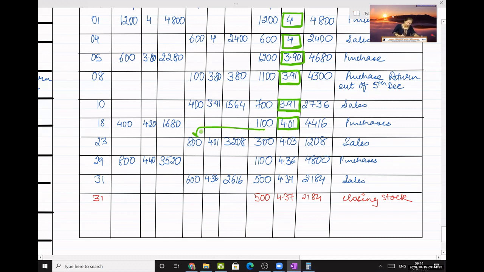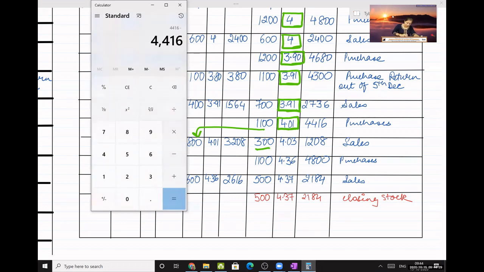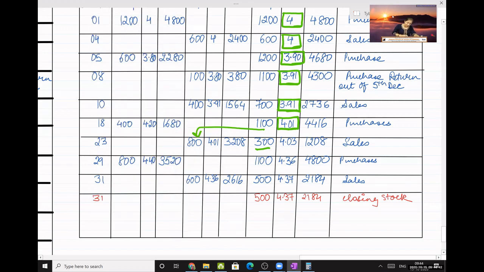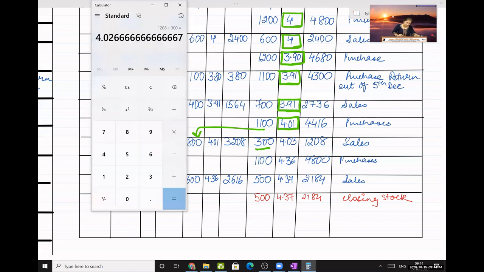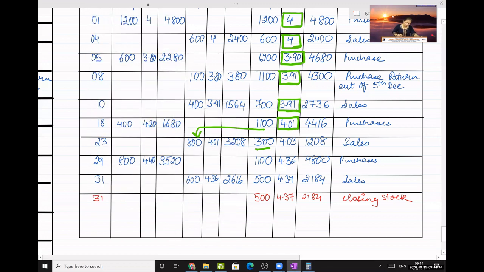Quantity minus, 1100 minus 800 is 300. 4416 minus 3208. So 1208 divided by 300, 4.0266, make it 4.03.